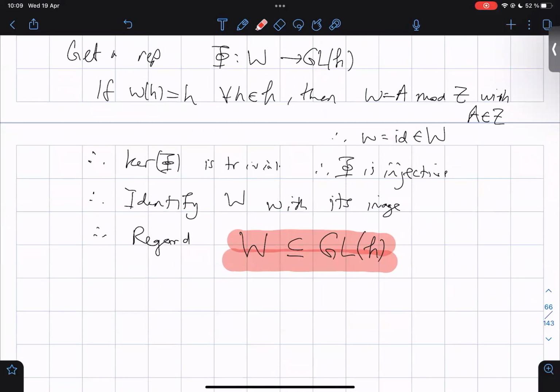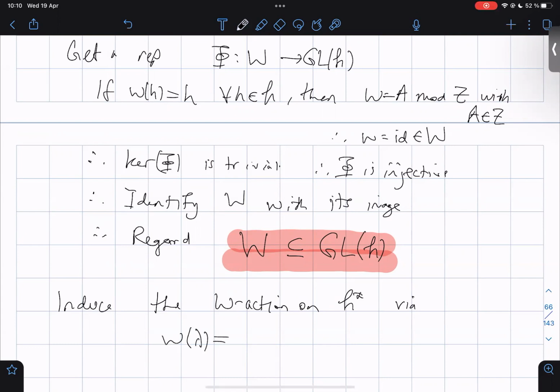So we have this group acting on H, but of course, what we were doing up to yesterday and the beginning of today, we're working in H star. But we know how to do that. If we have an action on a vector space, we can induce the action on the dual vector space. So induce the W action on H star as usual.